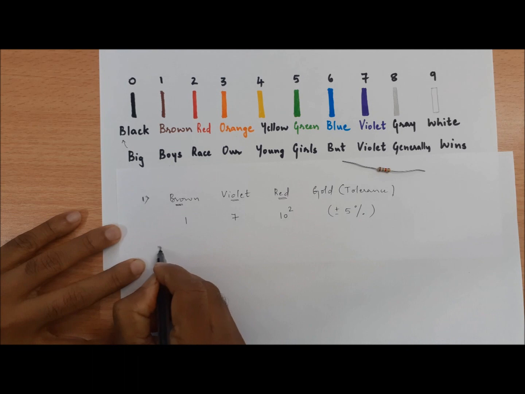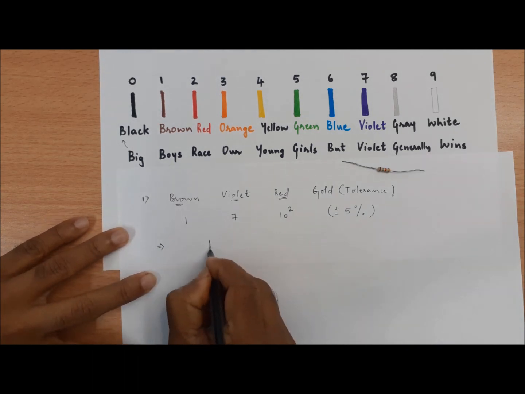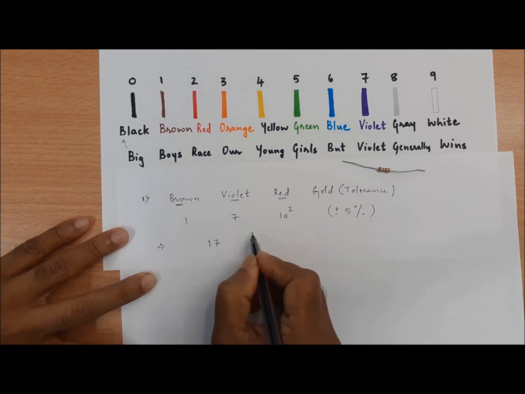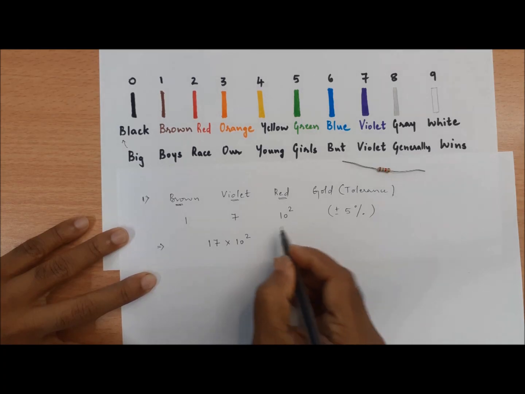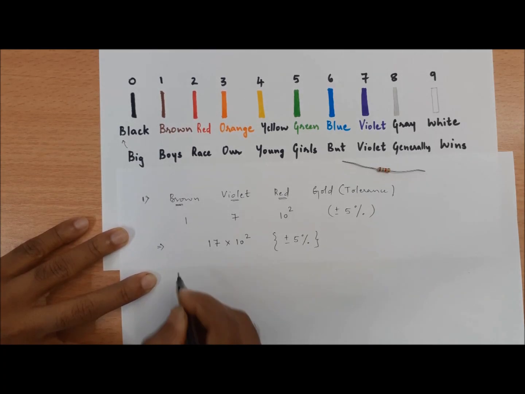So if I further solve it, then it will be 17 multiplied by 10 raised to 2 with plus or minus 5% tolerance.